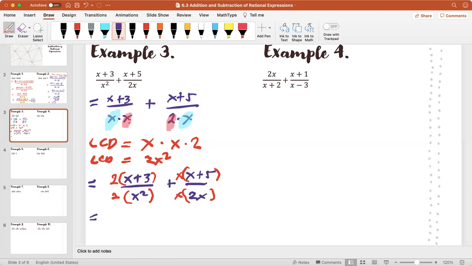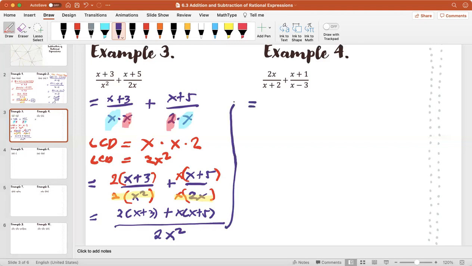So by combining all your numerators, you have 2 times x plus 3 plus x times x plus 5 all over 2x squared. It's now the same, so we can simply write that under one fraction bar, 2x squared. And we can continue.